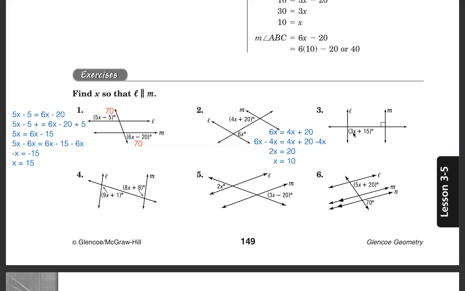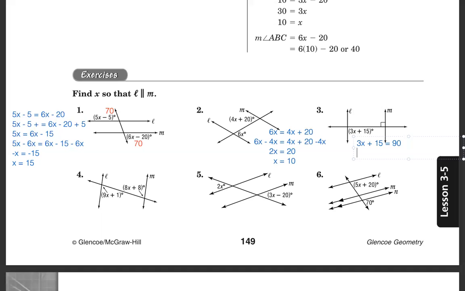So we say 3x plus 15 is equal to 90, or we can say, oh, these two angles on the square and the 3x plus 15 are alternate interior angles. So alternate interior angles like number 2 are congruent. If you use that argument, it gives you the same equation, that 3x plus 15 is equal to 90.